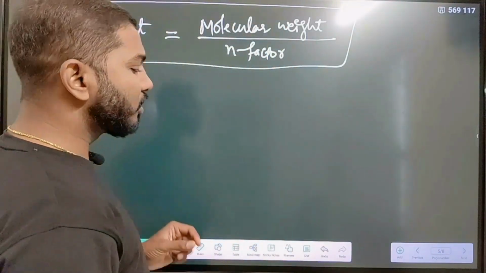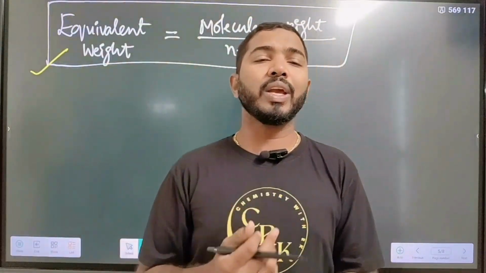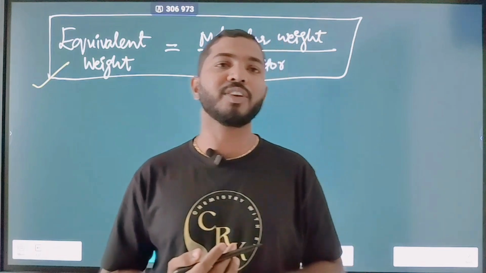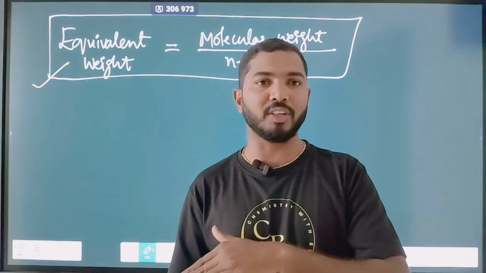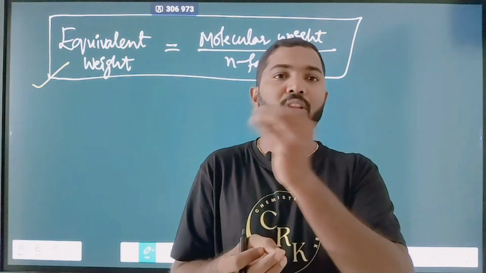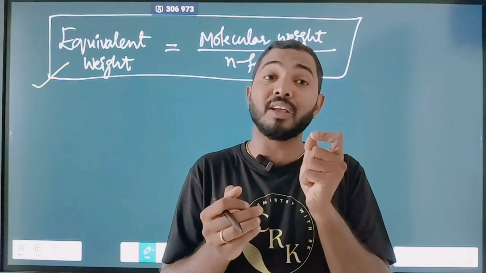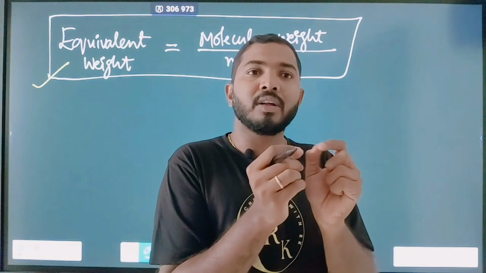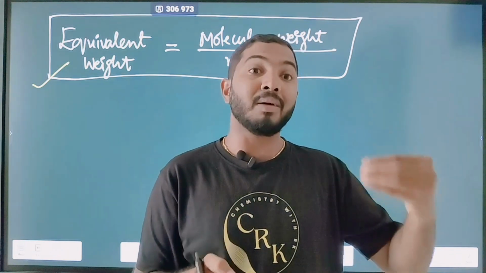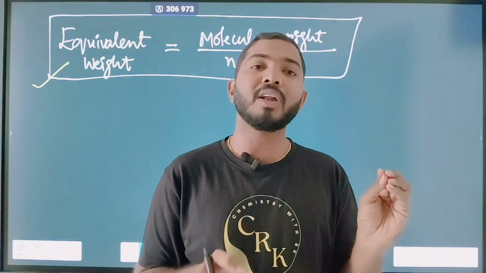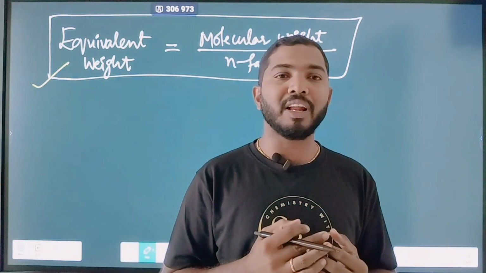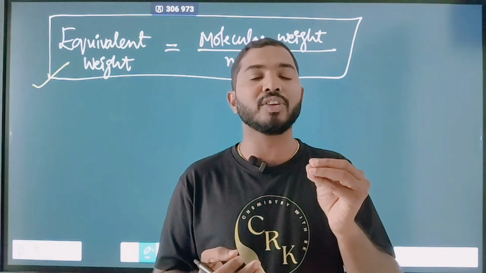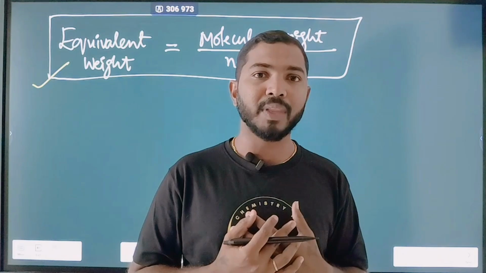Similarly, for a disproportionation reaction, how do we calculate the equivalent weight? A disproportionation reaction includes both oxidation and reduction. Oxidation is loss of electrons, so the N factor for an oxidation reaction is the number of electrons lost. Similarly, reduction is gain of electrons, so the N factor for a reduction reaction is the number of electrons gained.